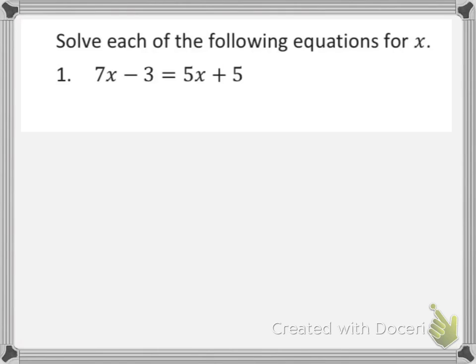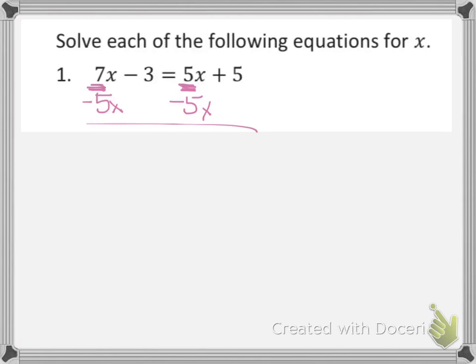What I notice is the coefficients. The coefficients in front of the variable x are different. If they're different, that's a clue that we are going to have a unique solution, because if I subtract 5x from both sides, I'm going to get some x's left over on the left side.